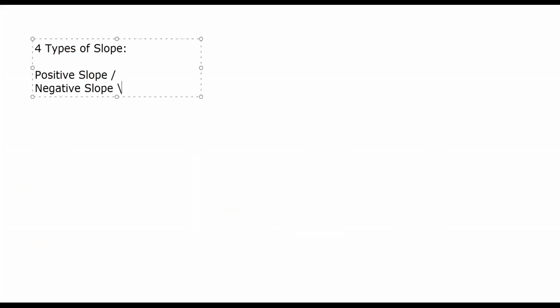As I go from left to right, it's going downhill. You can have zero slope, and that creates a horizontal line, nice and flat. Or you can have what is called undefined slope. That creates a vertical line, straight up and down.